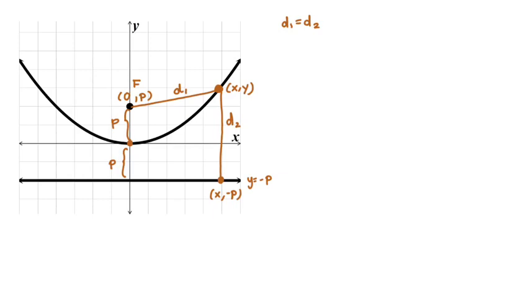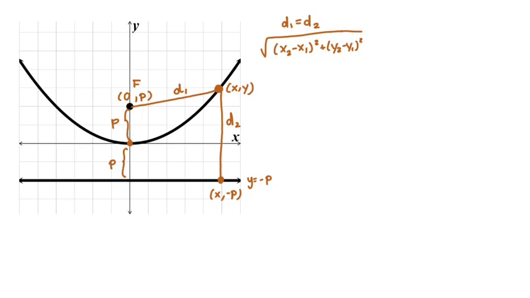Let's plug these things into the distance formula and see what we get. Distance 1, from the focal point to the point on the parabola, is going to look like this. Remember, the distance formula is the square root of (x2 minus x1) squared plus (y2 minus y1) squared.